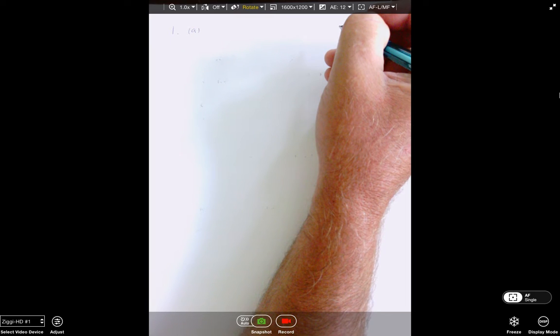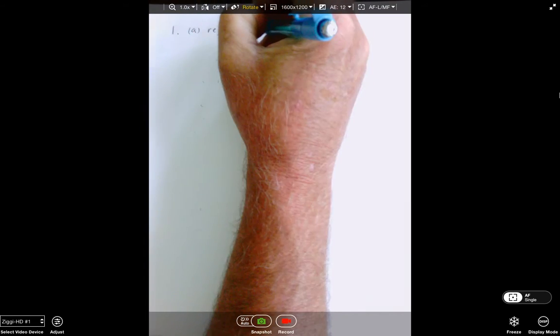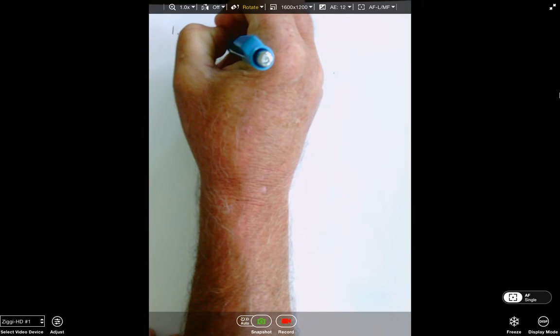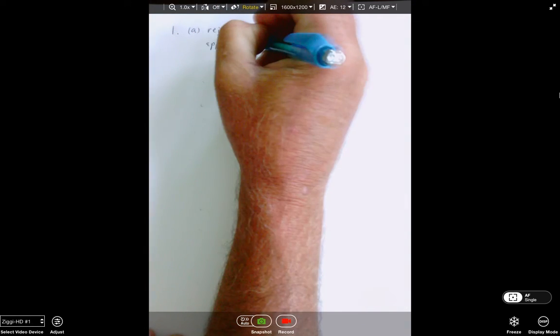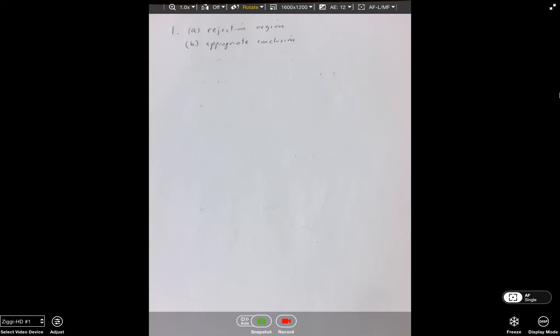For all of these, we want the rejection region and we want the appropriate conclusion. Now, notice here that we're using something different than the p-value approach.